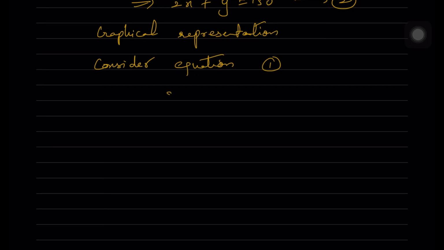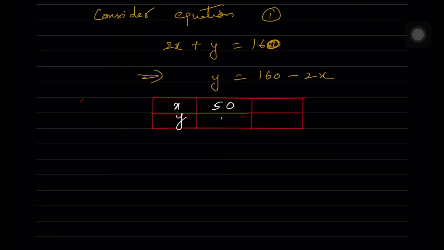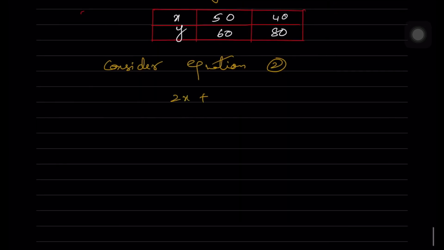Going to the solution. Let the cost of 1 kg of apples be rupees x and 1 kg of grapes be rupees y.